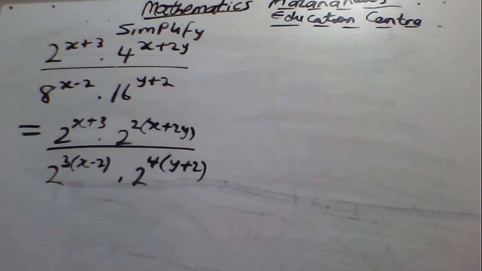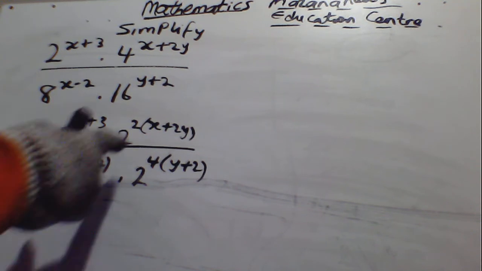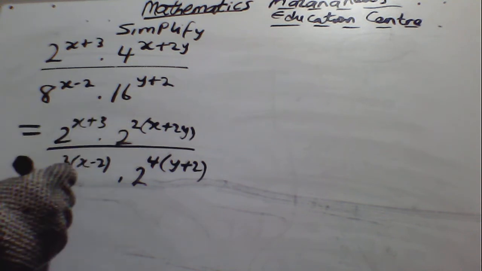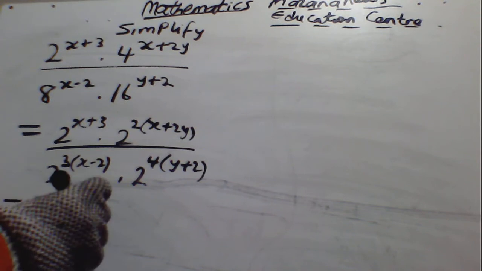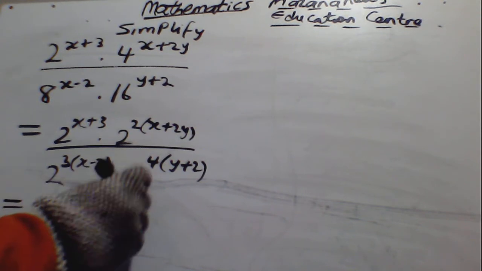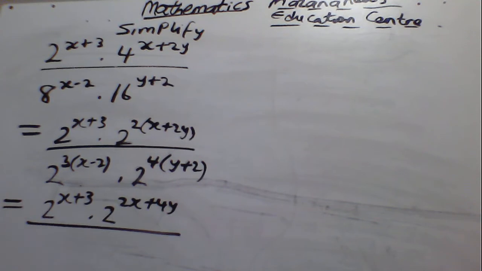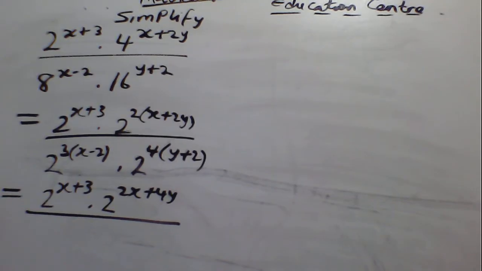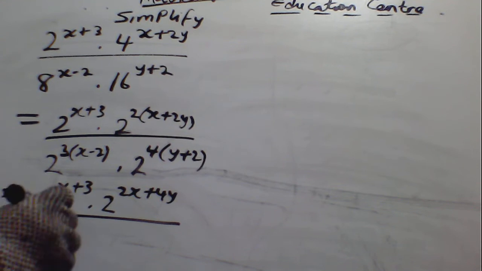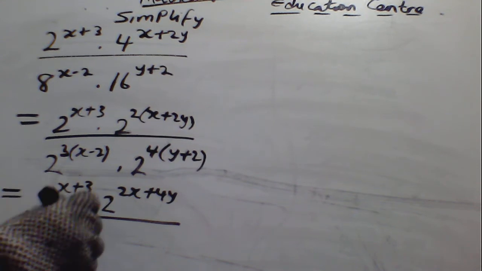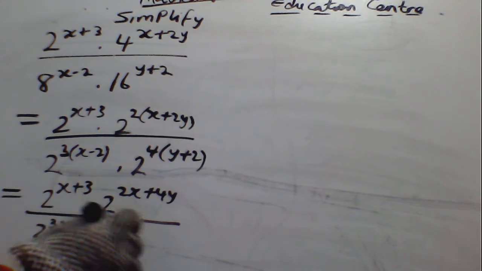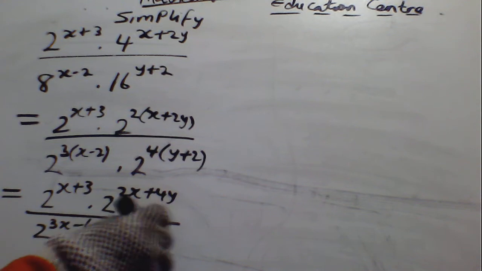So this is the simplification. The next step is to open bracket. You have 2 raised to power x plus 3 multiplied by 2 raised to power 2x plus 4y, divided by 2 raised to power 3x minus 6, multiplied by 2 raised to power 4y plus 8.